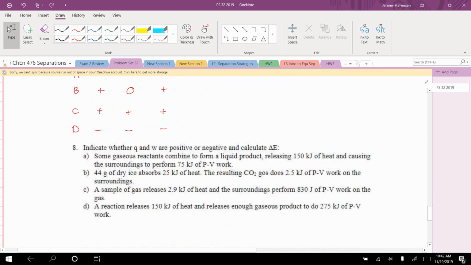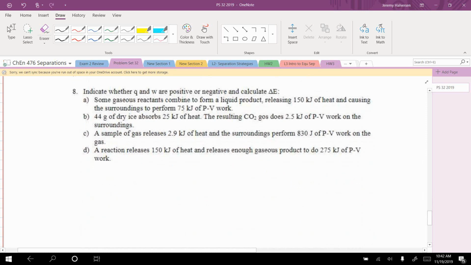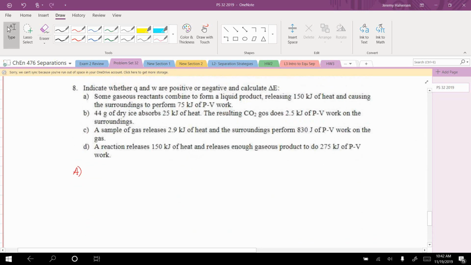Okay, last one, number 8. State whether Q and W are positive or negative and calculate delta E. Okay, some gaseous reactions combine to form a liquid product, releasing 150 kilojoules of heat. So that means that Q equals negative 150 kilojoules because it's being released, and causing the surroundings to perform 75 kilojoules.